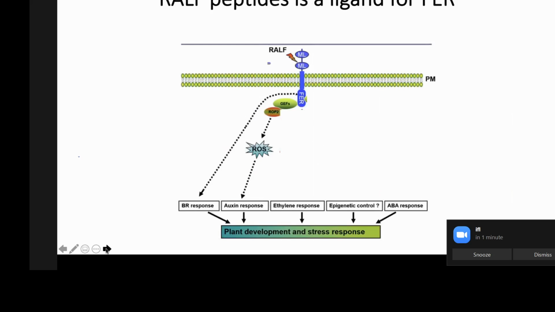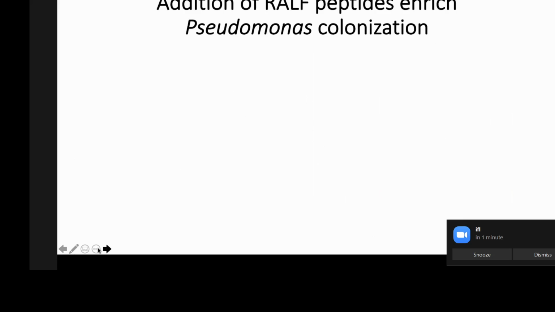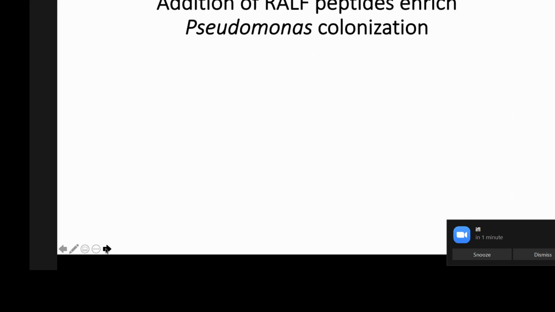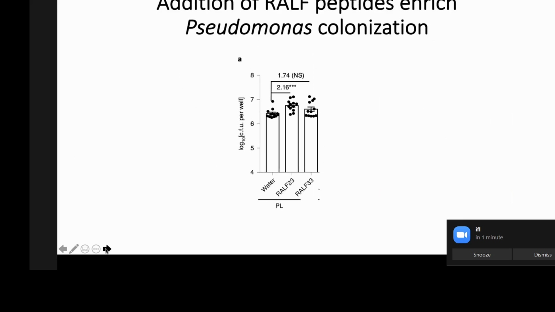All right, so I mentioned at the beginning that Ralph peptides is a ligand for FER. And this is just kind of the last experiment that they did, where they looked at Ralph 23, which negatively regulates FER function. And they looked at, I think, Ralph 33, which is closely related to Ralph 23. And they added 1 micromolar of this peptide, and they looked at Pseudomonas colonization.